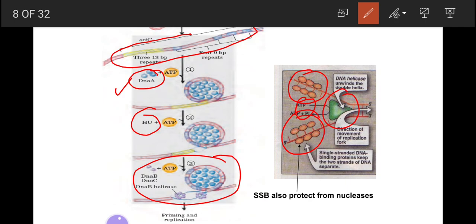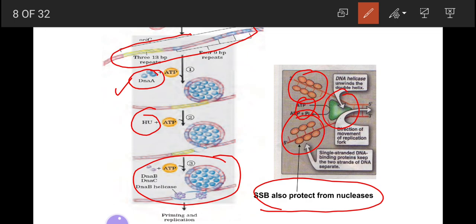The single strand binding proteins keep the two strands of the DNA separate. The first function of the single strand binding protein is that it keeps the strands separated, and the second function is that it protects the DNA from nucleases.